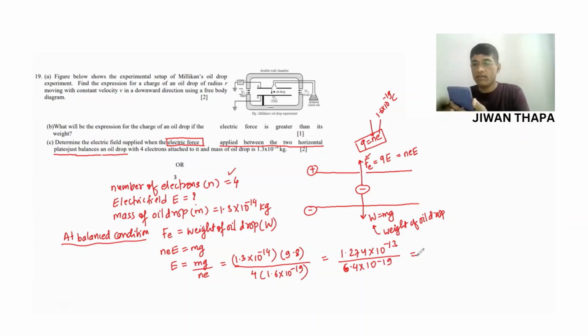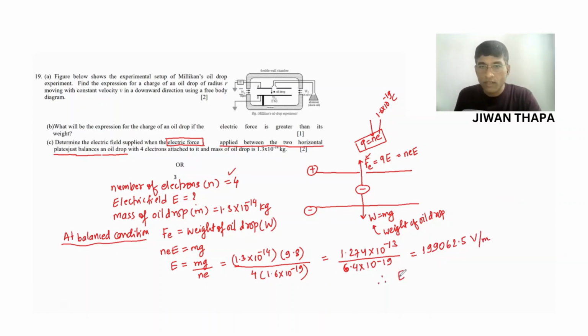So let's find it. We get 199,062.5, and the unit is volt per meter.